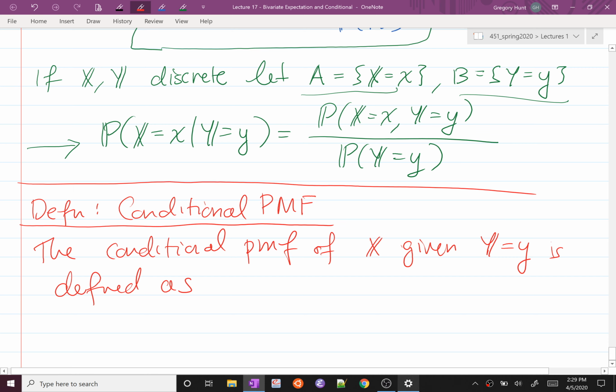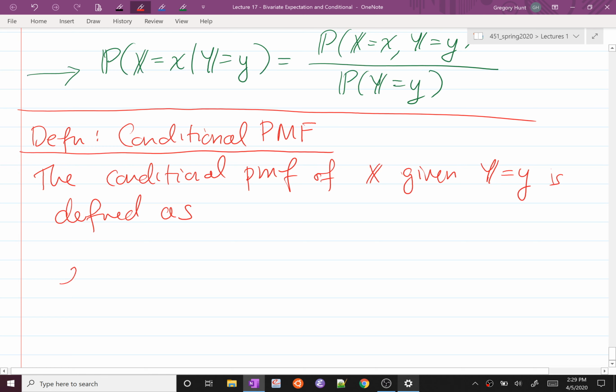as, and there are a couple of ways we can write this. You could say f of X given Y equals little y of x, or I could be really lazy and just write f of x bar y. So we use this bar notation. This second way is typically how I write it.